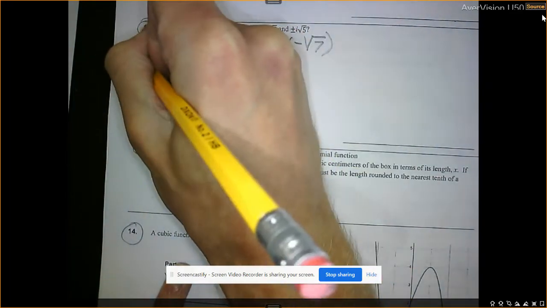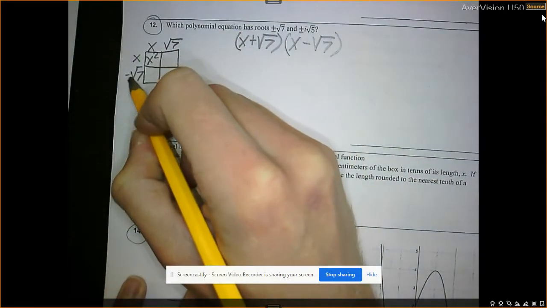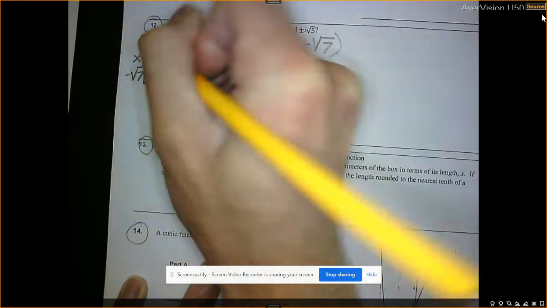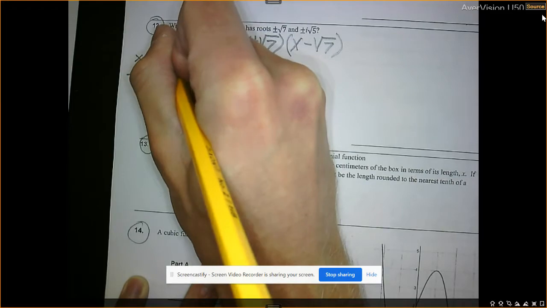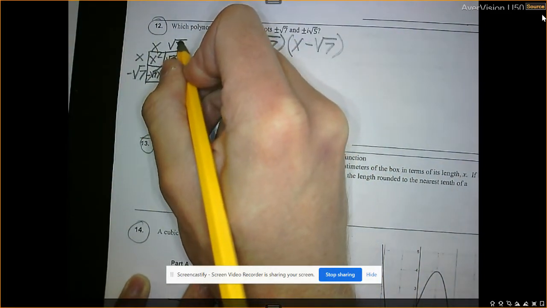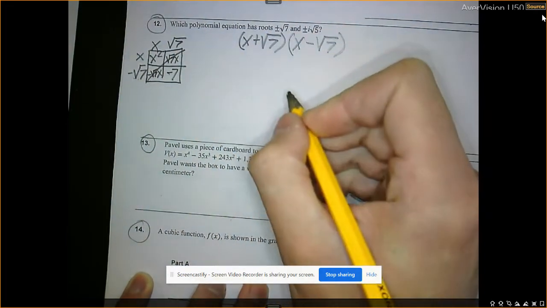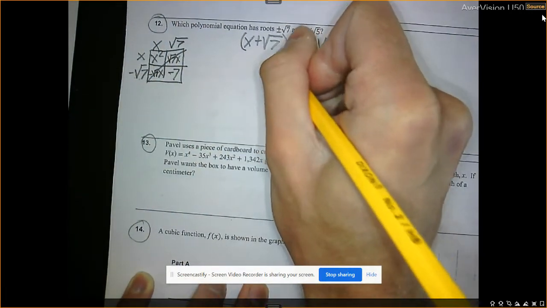Well, I guess it doesn't take long to show this, so I can show that x times x is x squared, negative root 7 times x, that's negative root 7x, and then x times root 7, that's positive root 7x. So you should see right away those will cancel each other, and then root 7 times negative root 7, well, that's just negative 7. So when I multiply these out, I just get x squared minus 7.